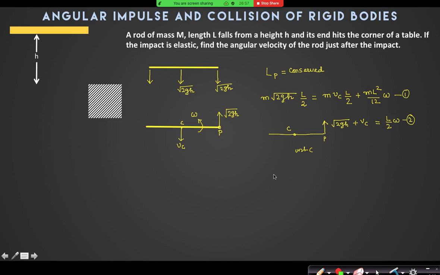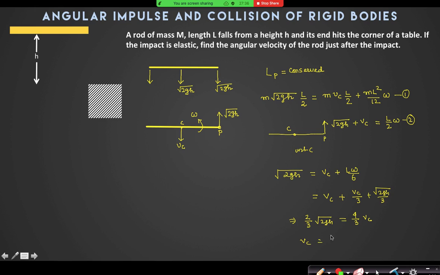So let me first write down the first equation. Root 2gh is equal to Vc plus L omega by 6, right? And L omega by 2 is equal to Vc plus root 2gh. So L omega by 6 is equal to Vc by 3 plus root 2gh by 3. So 1 minus 1 by 3 is 2 by 3 root 2gh, which is equal to 4 by 3 Vc.